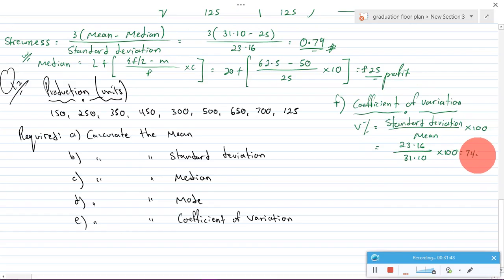Next, standard deviation. Remember the formula? Square root of total bracket x minus mean power of 2 divided by n minus 1.